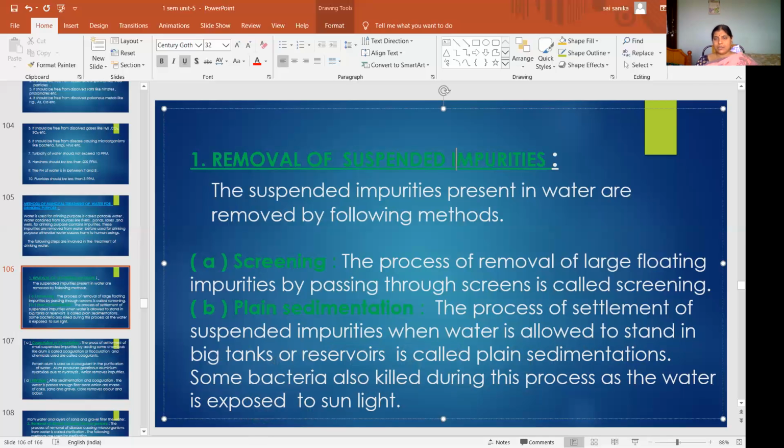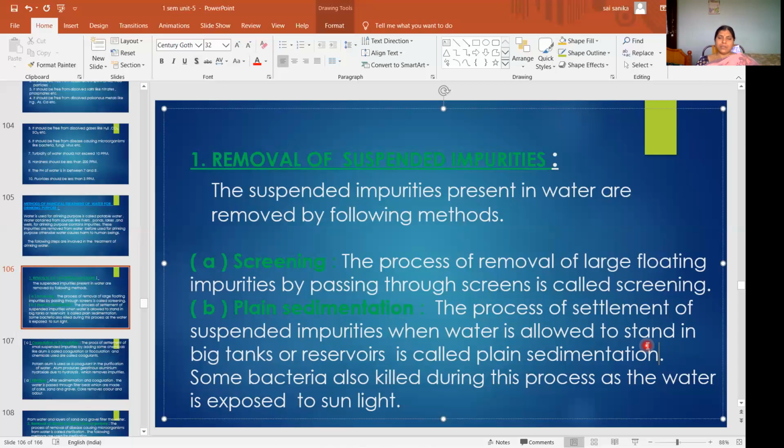So in plain sedimentation, whatever impurities are present in water will be allowed to stand for a few hours in a big tank or reservoir. Then whatever suspended impurities are present in the water will go and settle at the bottom of the tank. That is called plain sedimentation.